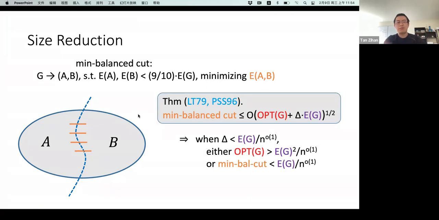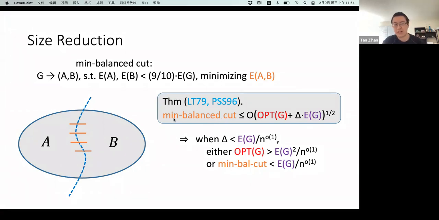It has been proved in previous work that the minimum balanced cut is bounded by the square root of OPT plus the max degree times the number of edges. Actually, it was a corollary of the planar separator theorem. OPT plus E_G can be seen as just enforcing a graph to be planar, and the square root of it is really the corollary of the planar separator theorem.